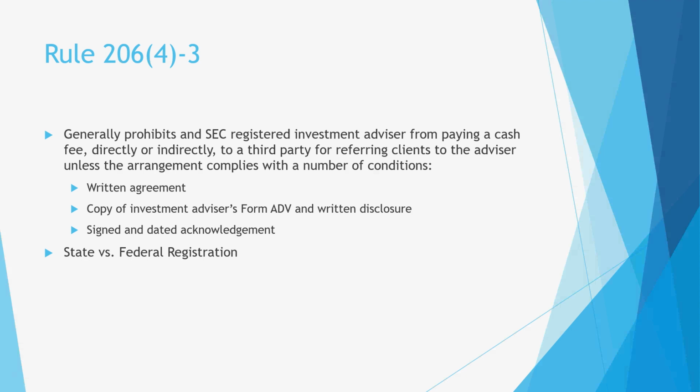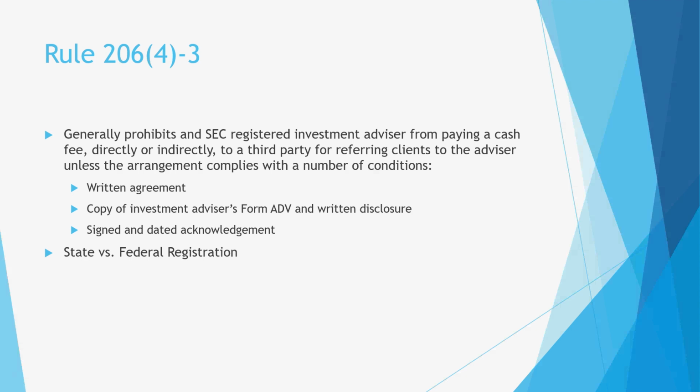So when we're talking about cash fees for solicitations, we're looking to Rule 206(4)-3. And this rule under the Advisers Act generally prohibits an SEC-registered investment advisor from paying a cash fee directly or indirectly to a third party, also known as a solicitor, for referring clients to the advisor unless the arrangement complies with a number of conditions.